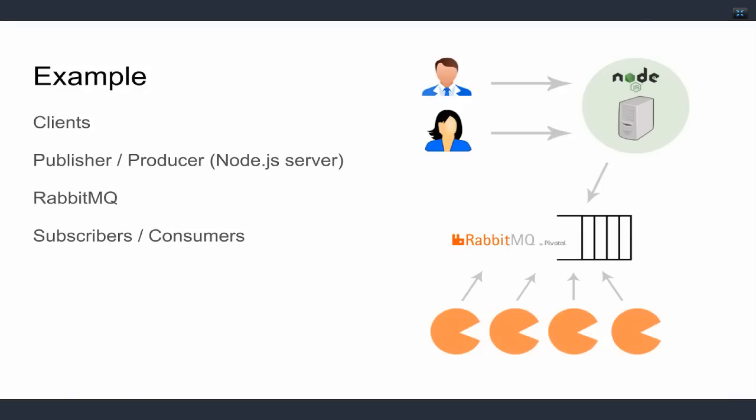We might want to send this to our analytics application, and then the Node.js server is going to publish it to a message queue, and we can have multiple subscribers or consumers that are going to take a look at this information, and they can do several things with it. For instance, they can save it to a database, they can communicate to an external API, or they can decide on other ways to handle them.